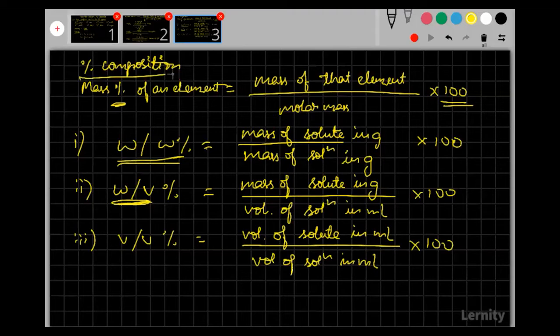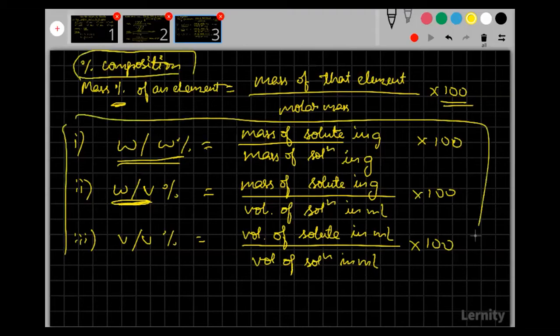But as we have talked about the percentage composition, it's better to cover them here itself. The term itself will tell you that weight by weight means the numerator should be in terms of mass, and even the denominator should be in terms of mass. Weight by volume means it's the mass of solute in grams, and the volume of solution will be in terms of ml. So this is how we'll be doing the calculations.